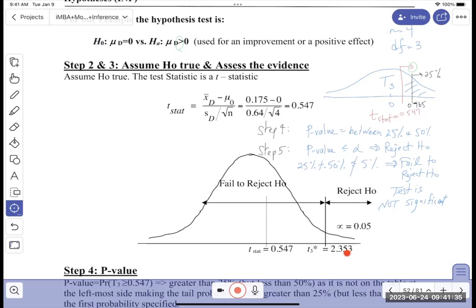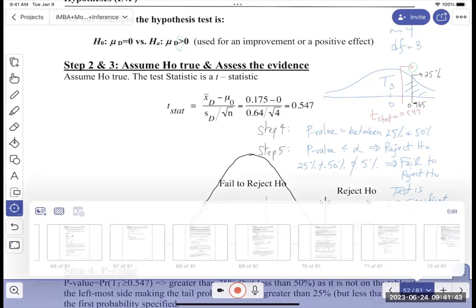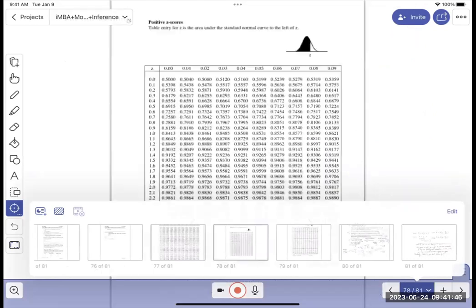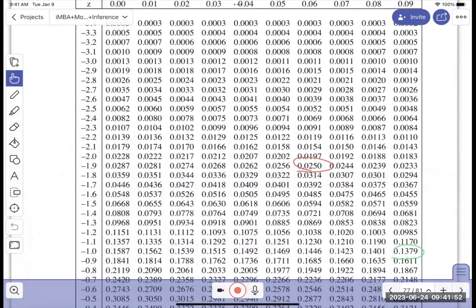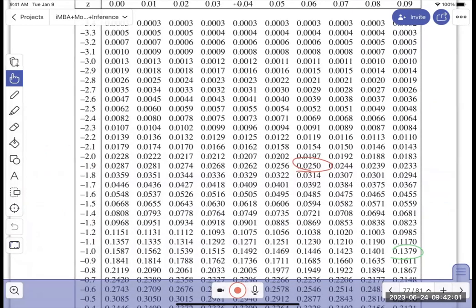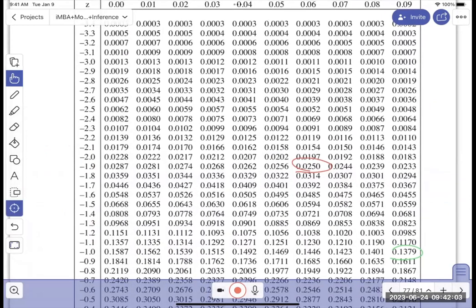Okay, so that's similar to the Z, because for 5% on the Z, I'd have to check. 5% on the Z, let me just see. So 5% on Z would put us at 1.645, between these two.